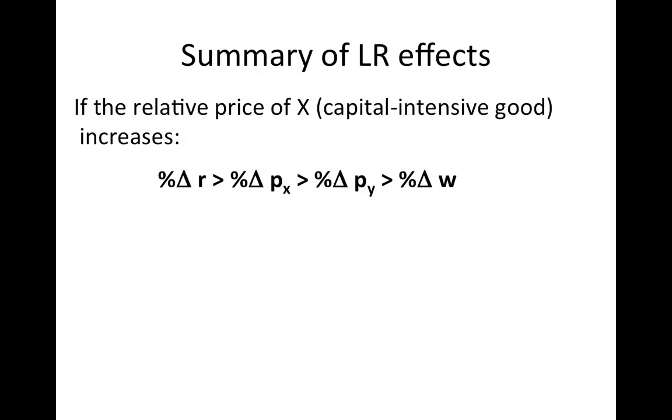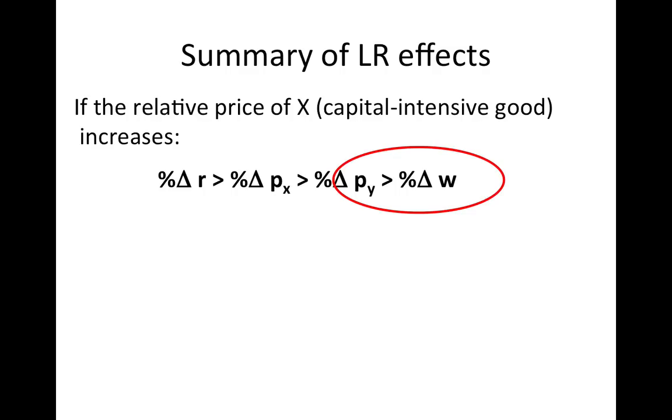So what we have here is if the price of X, if the price of the capital-intensive good rises relative to Y, so that's this part here, what we're going to see is that the payments to capital economy-wide go up more than the price rise in X. So capital owners can buy more X, and they can buy more Y. Exactly the opposite for labor.